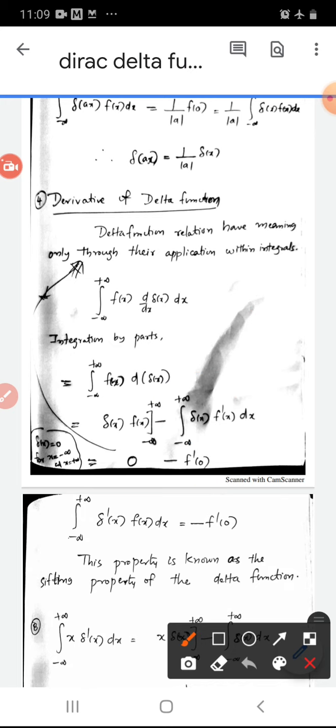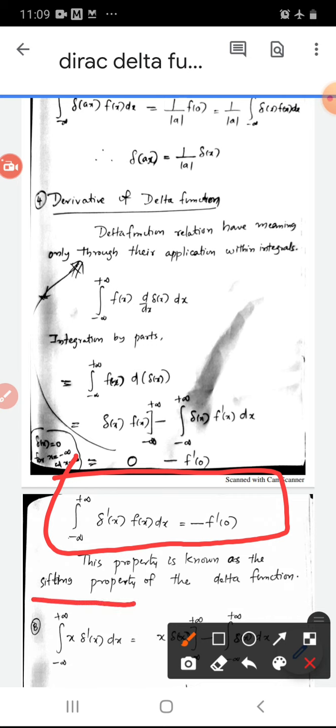So we get what? Integral minus infinity to plus infinity delta prime of x f of x dx is equal to minus f prime of 0, and this property is known as the shifting property of the Dirac delta function.